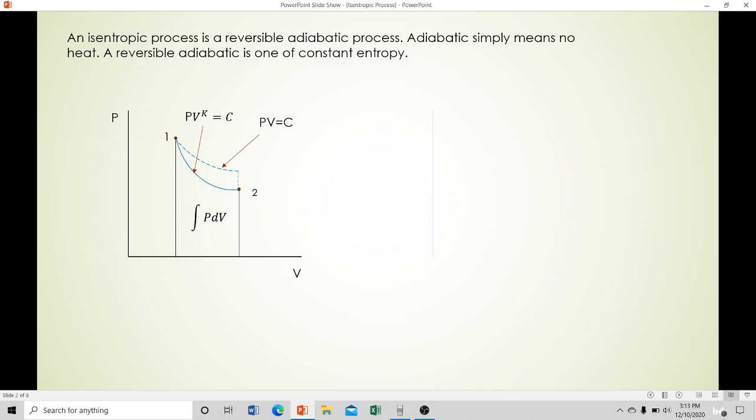And if we describe the figure of the isentropic process from this diagram, since the entropy is constant, this is the figure from 1 to 2.